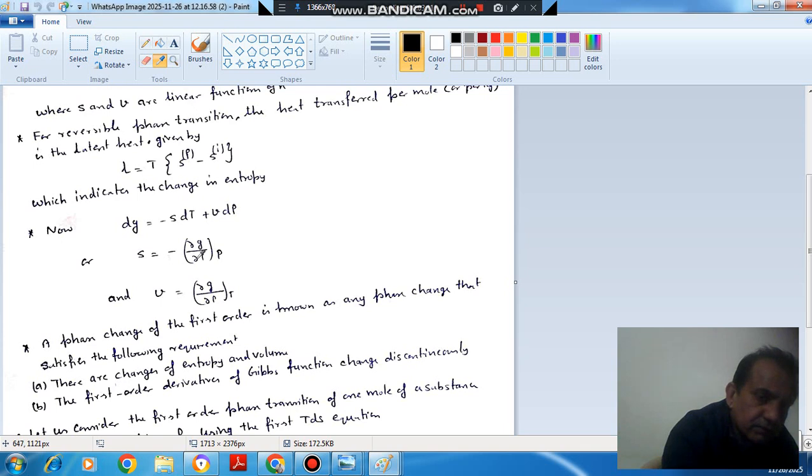So the phase change is a first order transition, and it should satisfy the following requirement: there should be a change in entropy and volume, as we have studied, and the first order derivatives of the Gibbs function change continuously to satisfy the entropy and volume requirement.